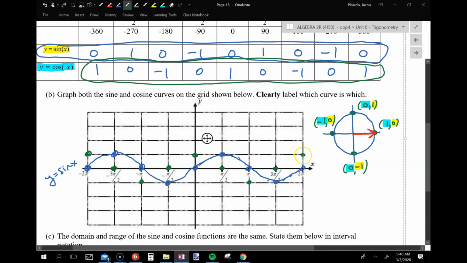And if you play connect the dots, your curve looks like that. And that's cosine.